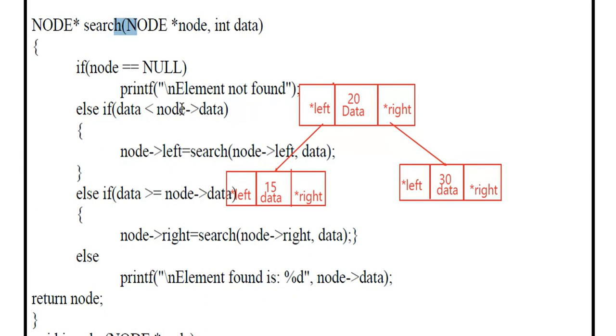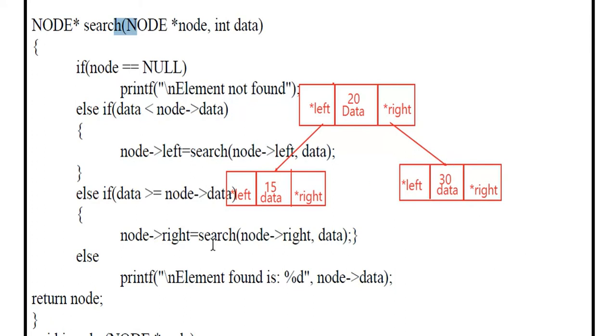In this particular case, if the given data is less than the root node data, then recursively we need to search in the left subtree, that is search(node->left, data). That means we are calling the function recursively. If the given data is greater than or equal to the root node, then we need to search in the right subtree of the tree.